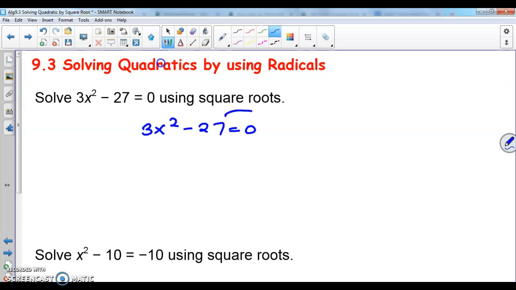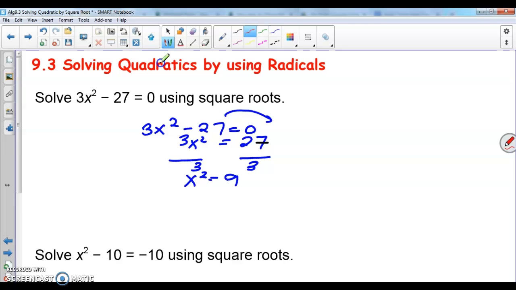So let's move the 27 over, and we'll get 3x squared is equal to 27. Now, let's divide both sides by 3. So we'll get x squared is equal to 9.